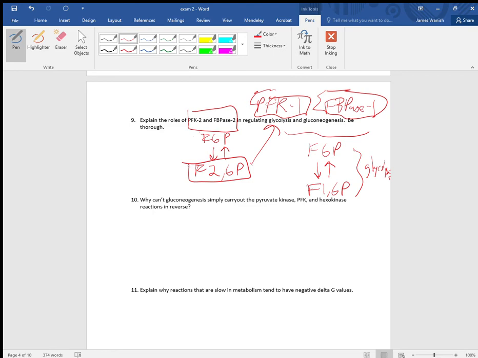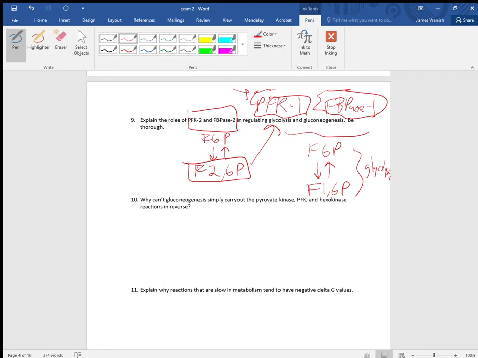All right, so if we have lots of sugar, do we want to be making more sugar with gluconeogenesis or breaking down sugar to maintain homeostasis? Break down, right? We want to break it down because we have too much. So which of these two enzymes here, PFK1 or FBPase1, which one of these do we expect to be upregulated by fructose 2,6-bisphosphate?